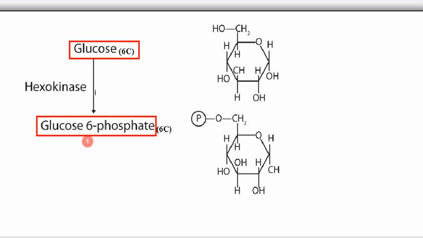Now we can see this is the first carbon, the second, the third, the fourth, here is the fifth, and this one is the 6th carbon. So on the sixth carbon there is a phosphate.